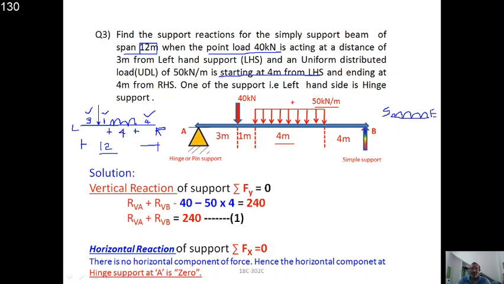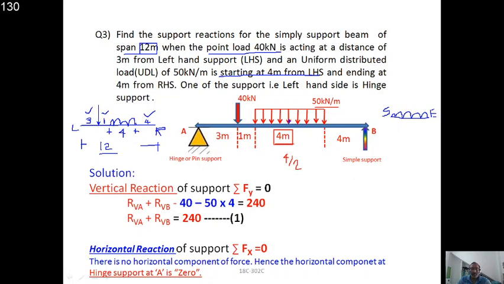Therefore 50 into 4 you get 200. It will act at a distance of the mid of the occupied length. Therefore what is the mid? 4 by 2. Its occupied length is 4 meters. Hence, what is the mid? 4 by 2. So its entire load is going to act at the midpoint of the UDL.